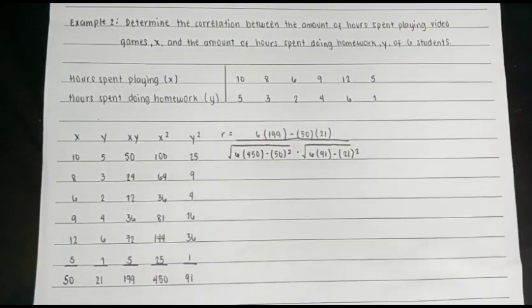After that, let's compute first yung nasa taas and on the left side, which is 6 times 199 is equal to 1,194.